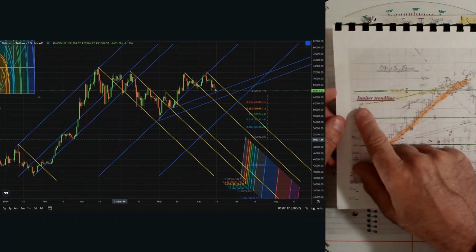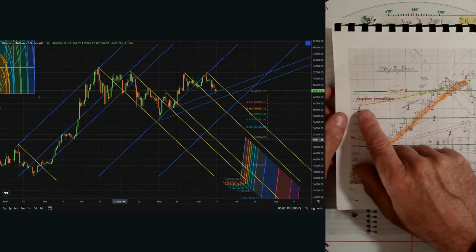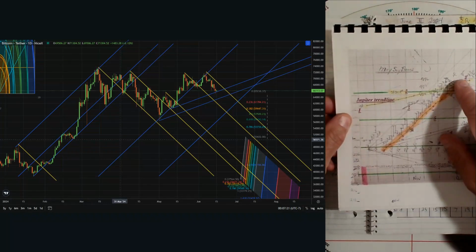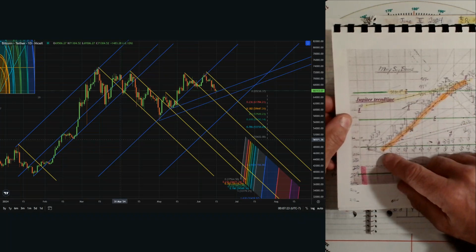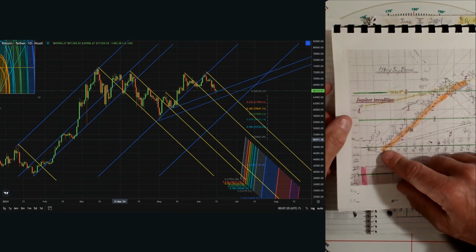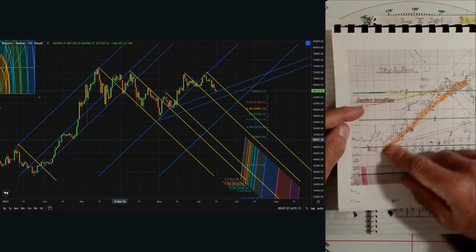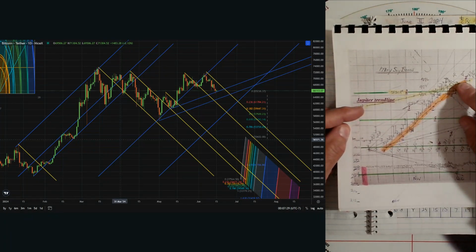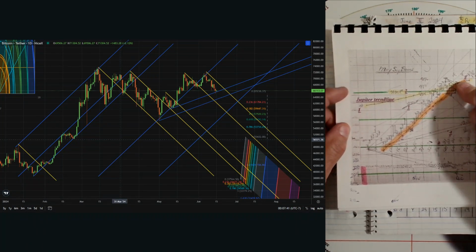So this is a Jupiter trend line, and this is a Mars trend line. And these two coincide, and Uranus is here as well, but on the opposite side of the circle on my square.